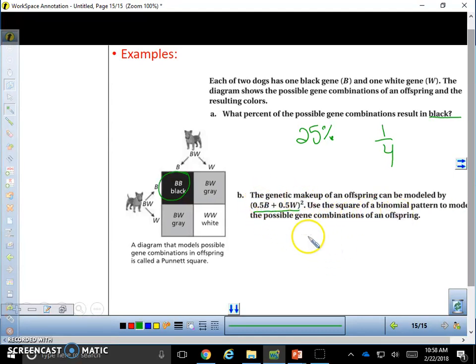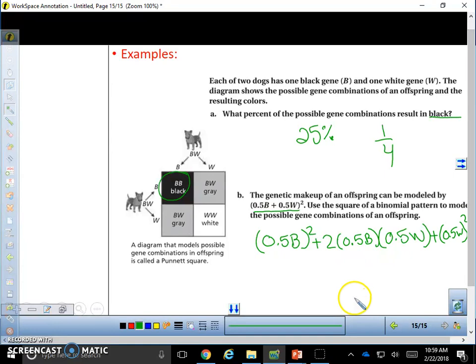So when it says plus in between and it's that squared, we do 0.5b squared plus 2 times 0.5b times 0.5w plus 0.5w squared. Let's simplify this because it's a little bit complicated right now.